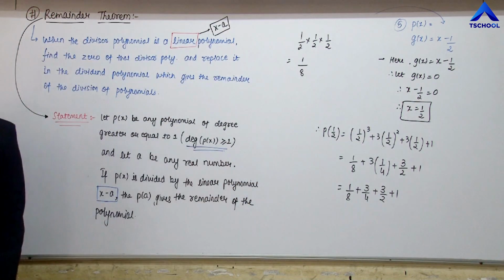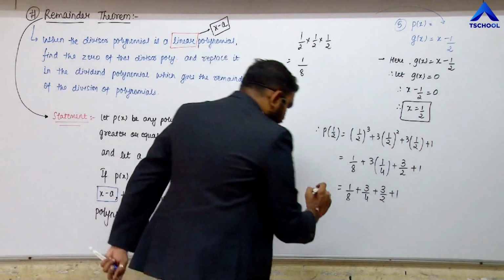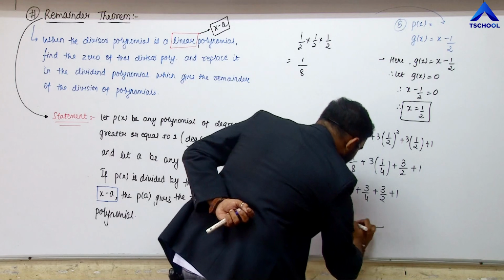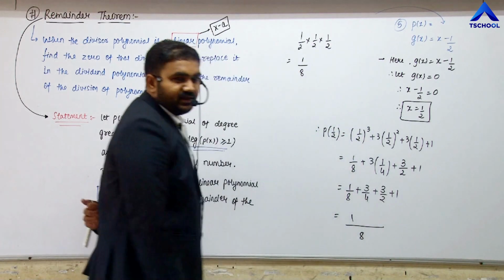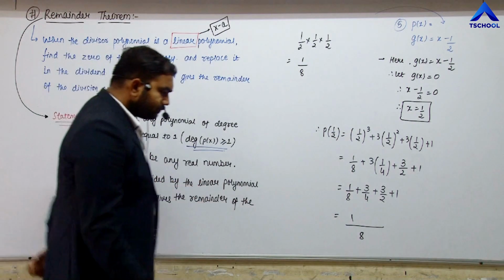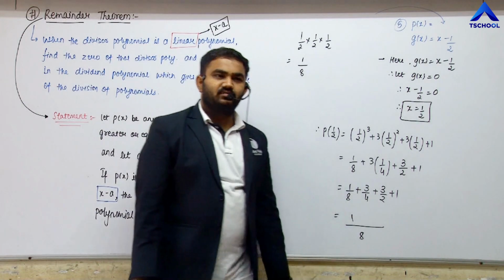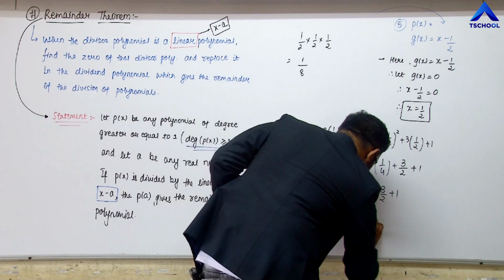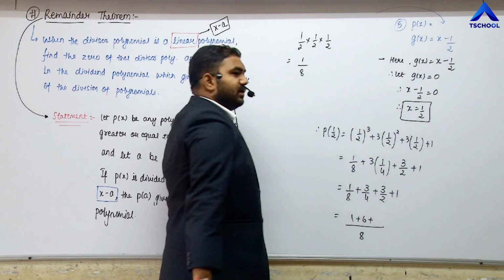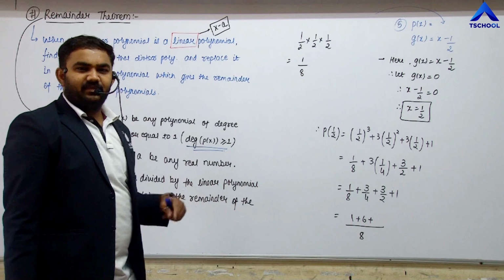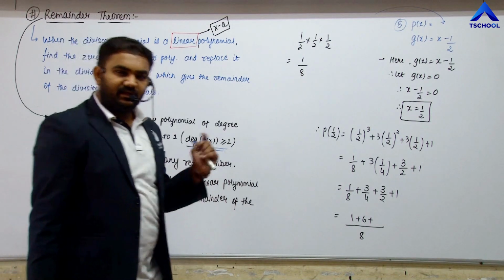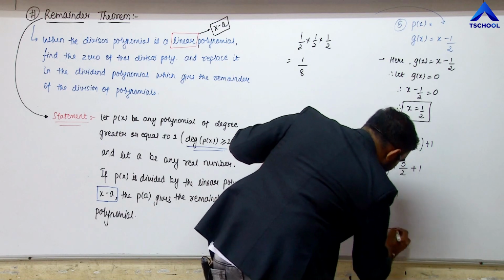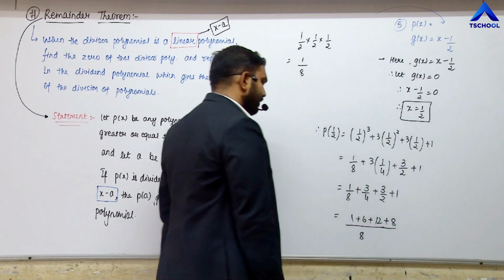The LCM here would be 8. So to make the common denominator 8, the first term will be kept as it is because it has denominator 8. The second term 3 by 4 is to be multiplied by 2 in both numerator and denominator, so that becomes 6. The third term 3 by 2 should be multiplied by 4 so as to make the denominator 8, so in the numerator we multiply by 4 and that becomes 12, and the last one will be multiplied by 8.